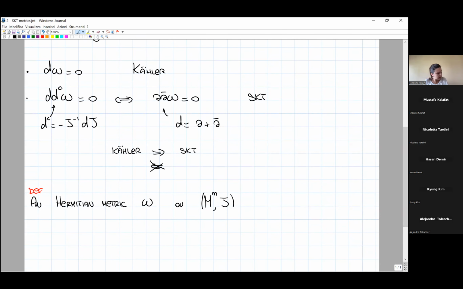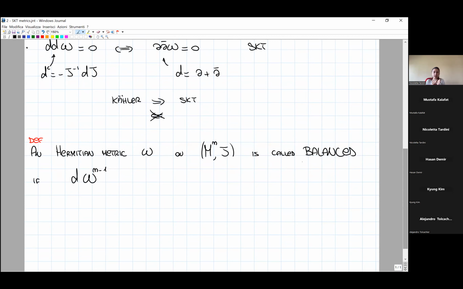An Hermitian metric is called balanced if d of omega to the power n minus 1 is zero. So you take the wedge product of omega with itself n minus 1 times, and you apply the exterior derivative, then this is zero. So these are balanced metrics. A first remark.